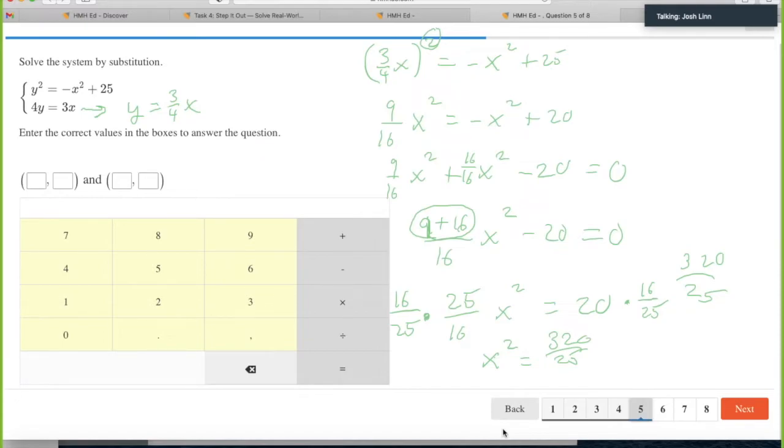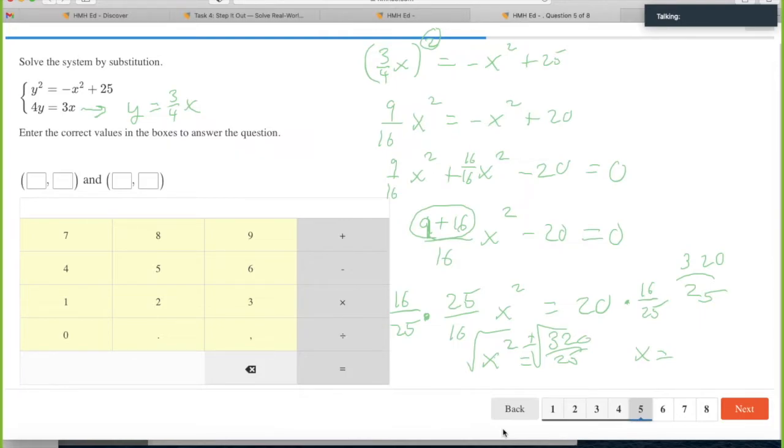So then we take the square root of both sides. Means we're going to have a plus or minus. So then we're going to have x equals, I wonder if 320 is a perfect square, it's not. That's annoying. 25 is a perfect square.